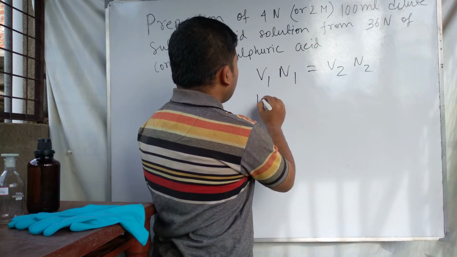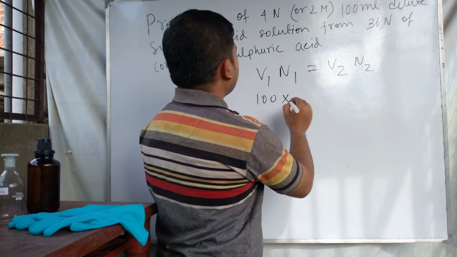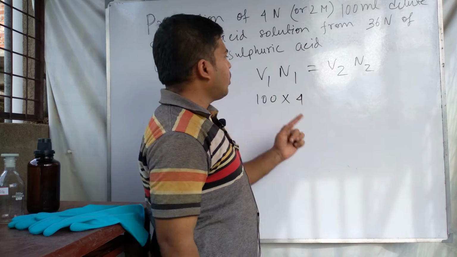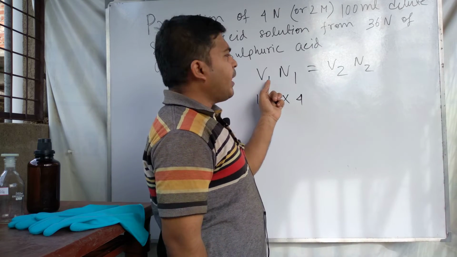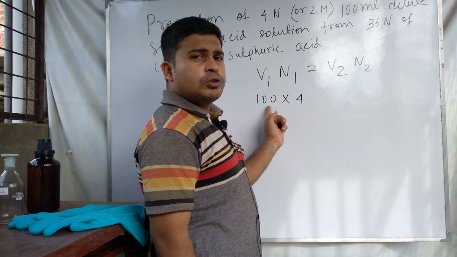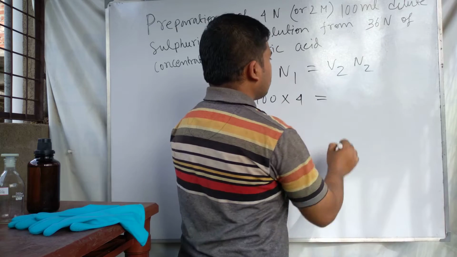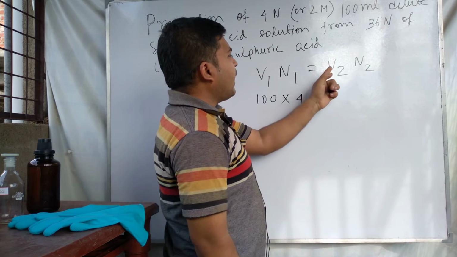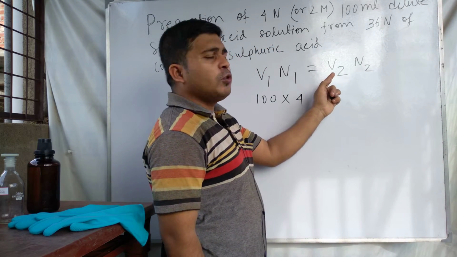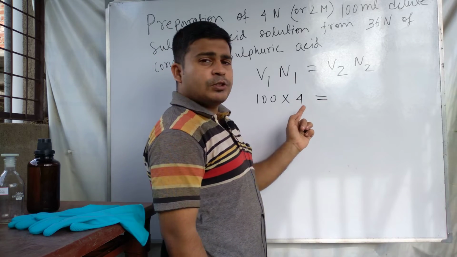We want to make 100 ml dilute sulfuric acid solution, and our desired strength is 4 normal. We need to calculate the volume of the concentrated sulfuric acid required to make this solution.